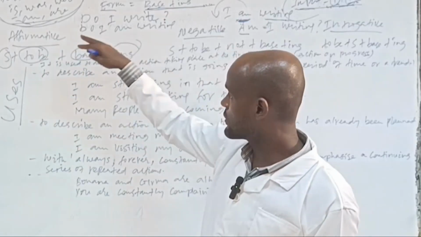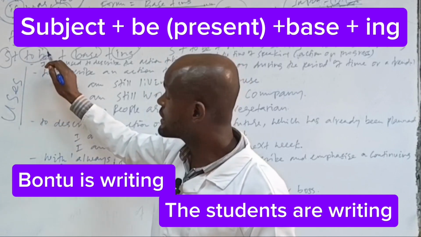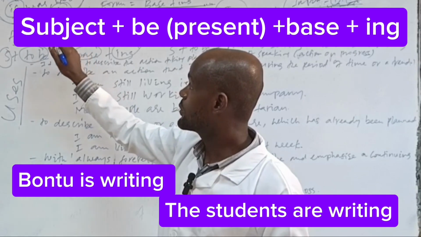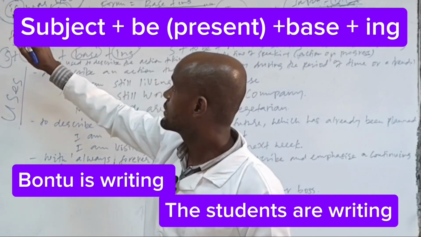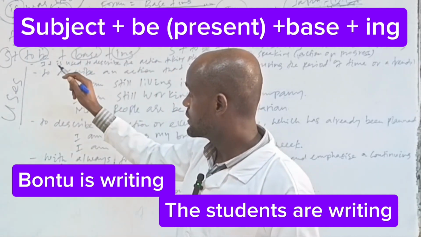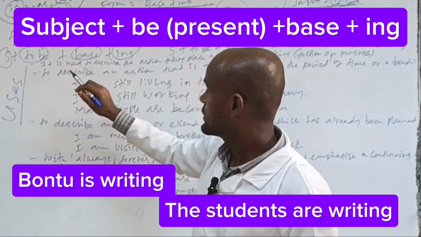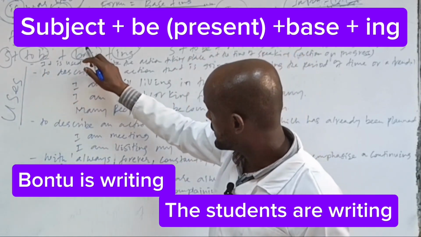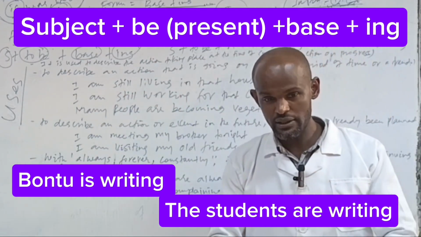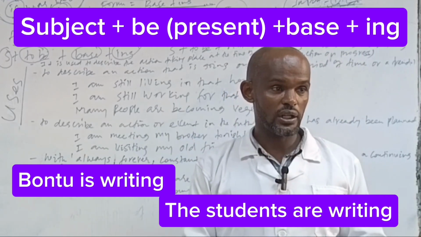Affirmative for present continuous: subject plus verb to be in present, warra sadanii kana is, are. When singular, is; when plural, are. Isas hin dagatina. Kanaaf subject plus verb to be in present plus base verb plus ing. Kun warra reefu jalqabaa jiraniif giraamerii jalqabaa jiraniif laanguweej jalqabaa jiraniif akkasitti yoo ta'e dhufuufi danda'a jenneeti.